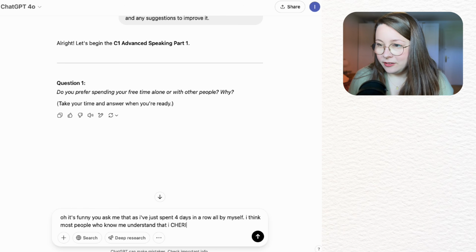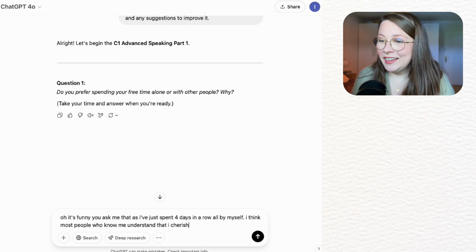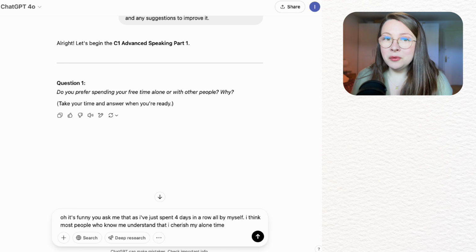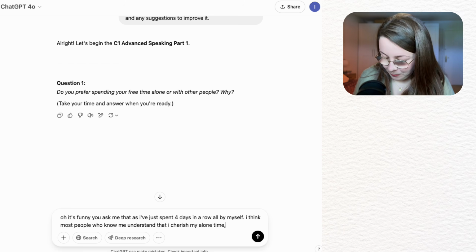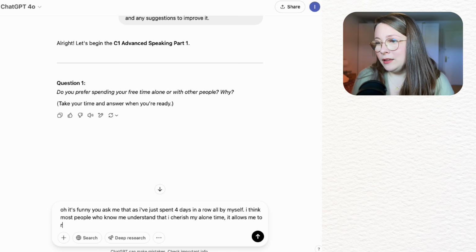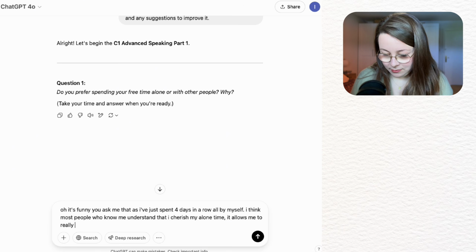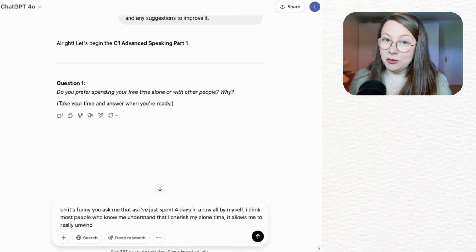understand that I cherish, which means I love, I value, I appreciate my alone time. I don't want to say free time. I want to use a more advanced collocation, my alone time. It allows me to really unwind. I'm using one of the advanced verbs that ChatGPT gave me.